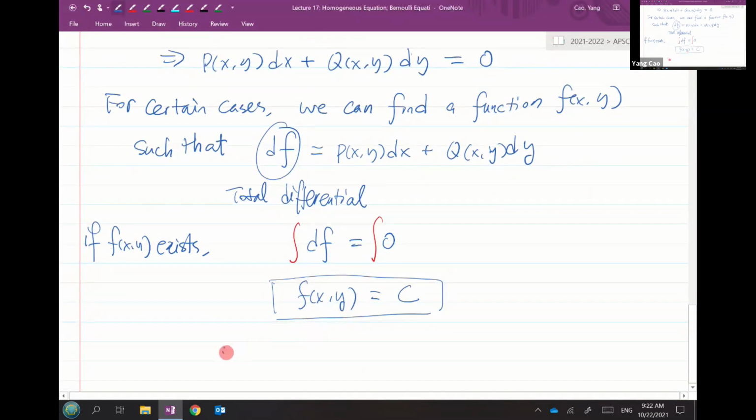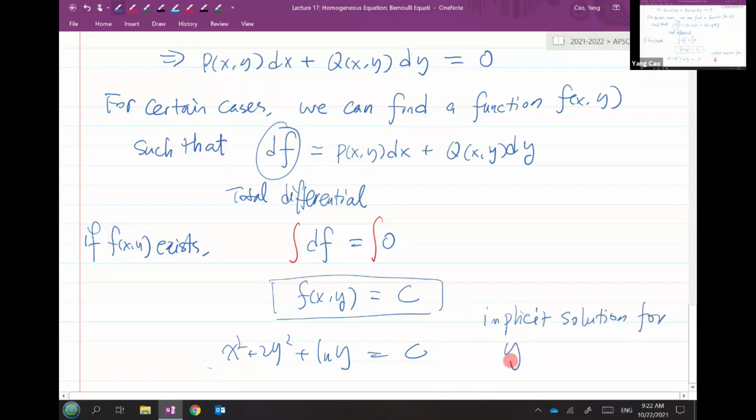You may be finding, for example, x squared plus 2y squared plus something in y equal to c. So that gives you an implicit solution for y. Okay, so it's just an example here.